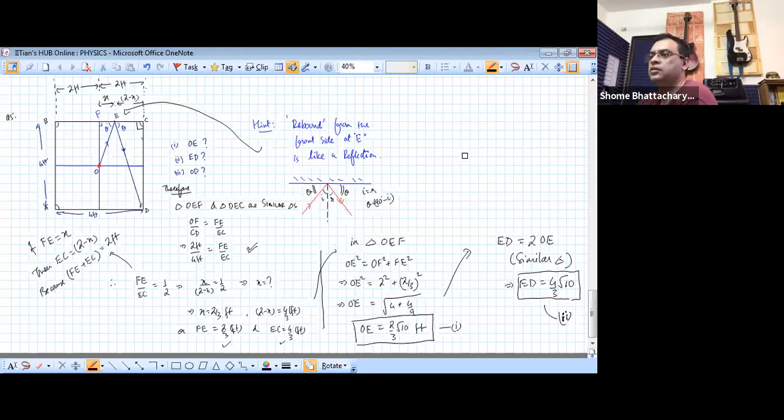And for the third part, OD is direct. It's half the diagonal of the square, just 2 root 2 feet, this side.